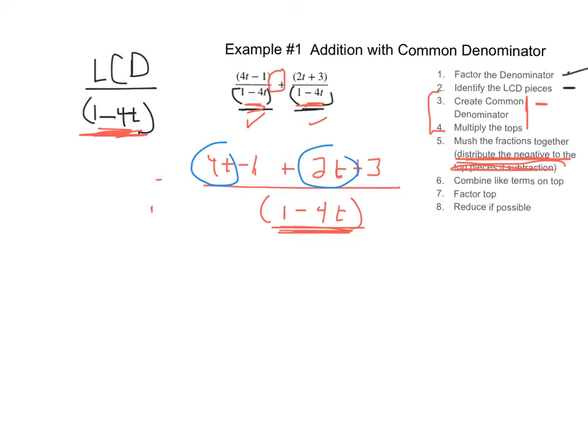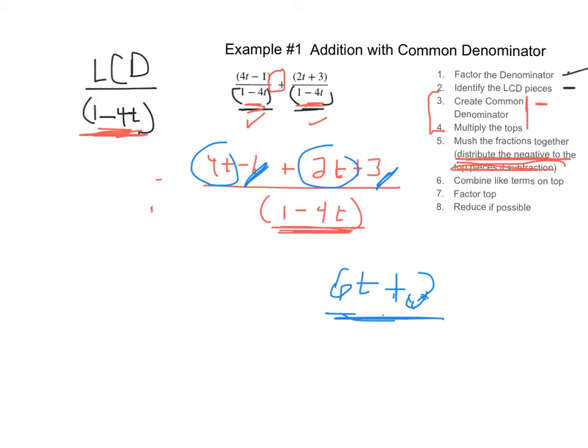So we're going to have 6t. Okay. Then we have our constants. -1 plus 3 is plus 2. Okay, wow.